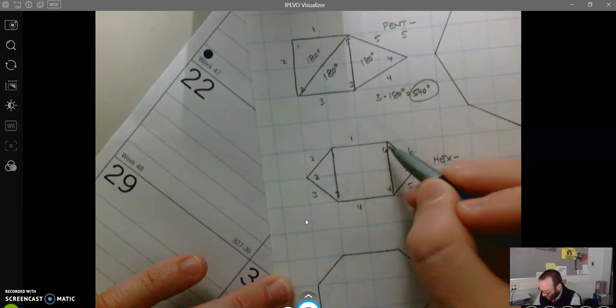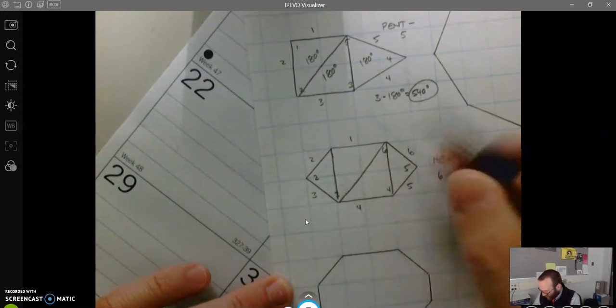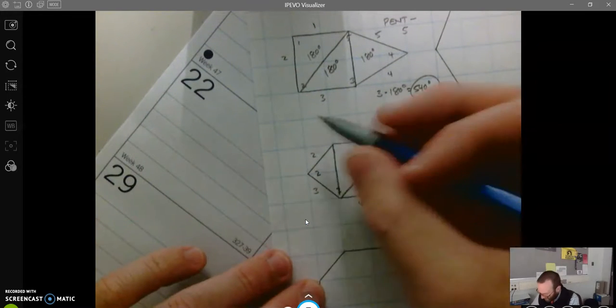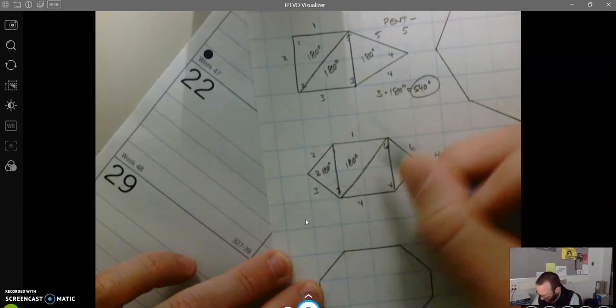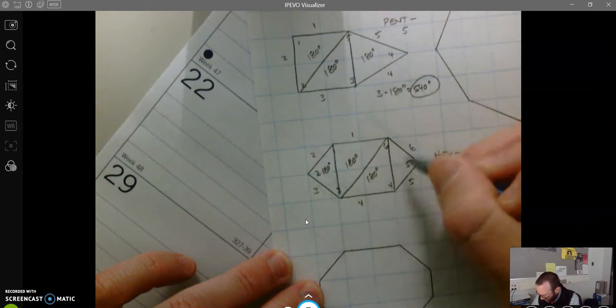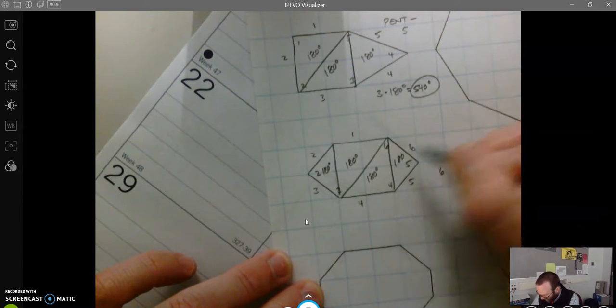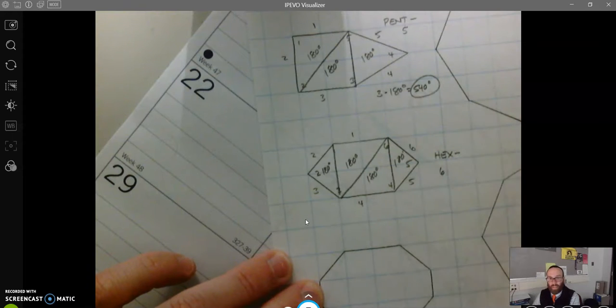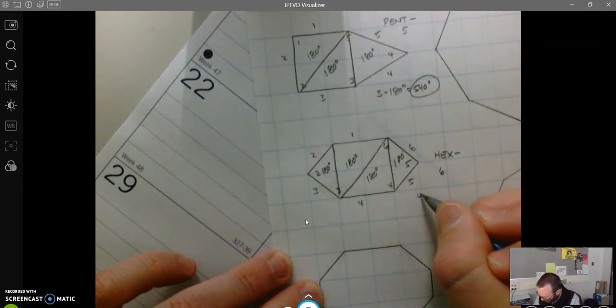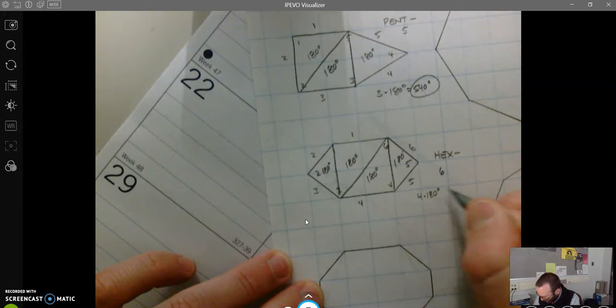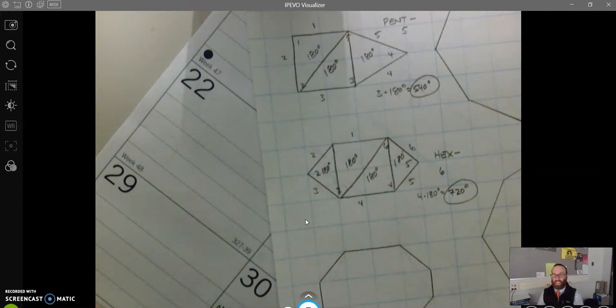I have a quadrilateral in the middle that I can split into 2 triangles, and 2 triangles here on the sides. 180 degrees here, 180 degrees here, 180 degrees here, and 180 degrees here. That's 1, 2, 3, 4 triangles. 4 times 180 degrees is 720 degrees. And you can confirm that. I did these calculations ahead of time. You can double check those.